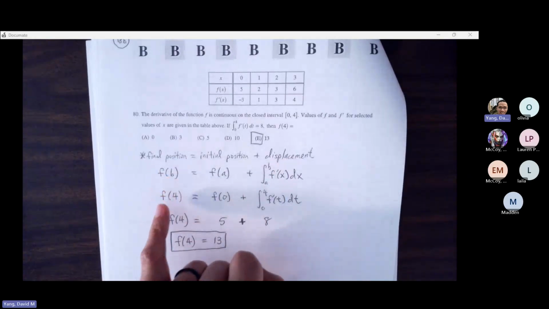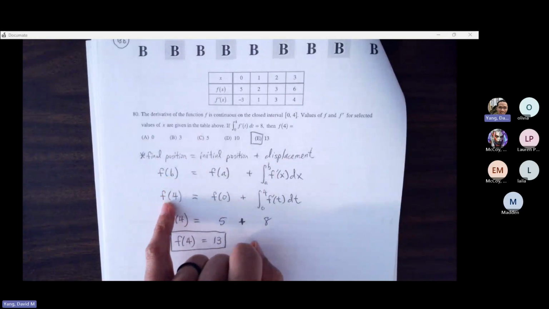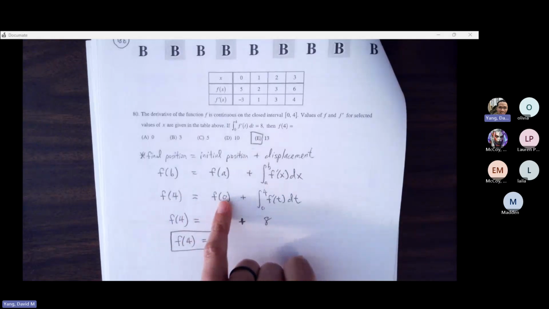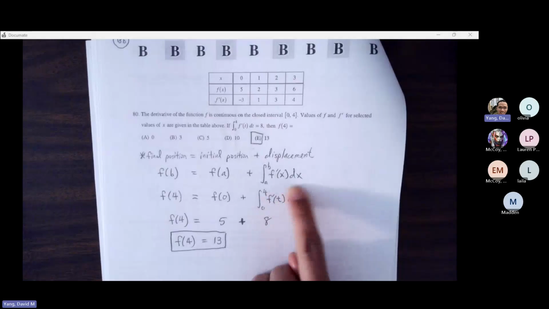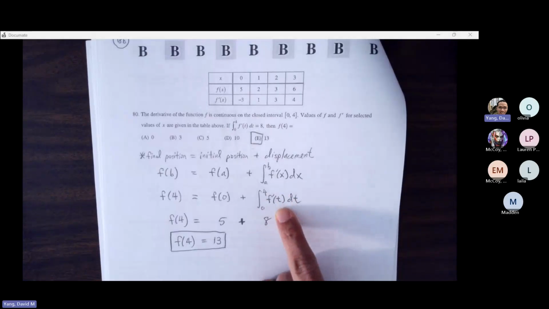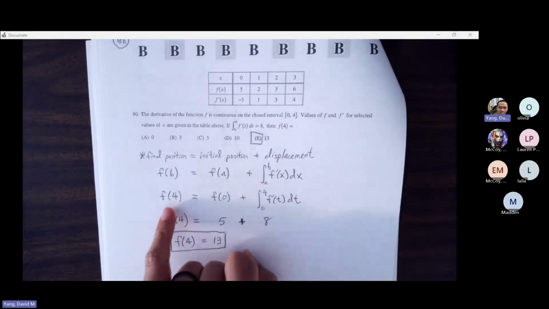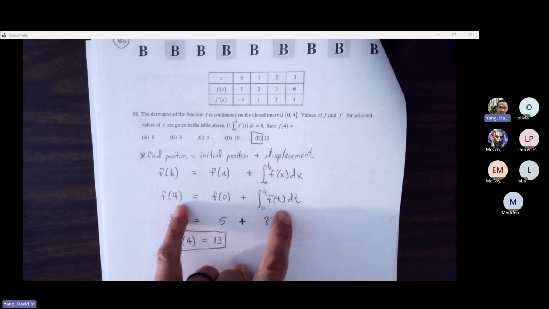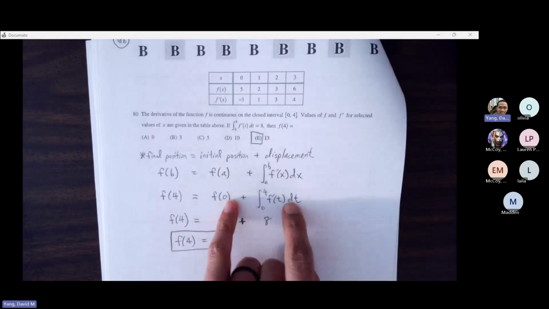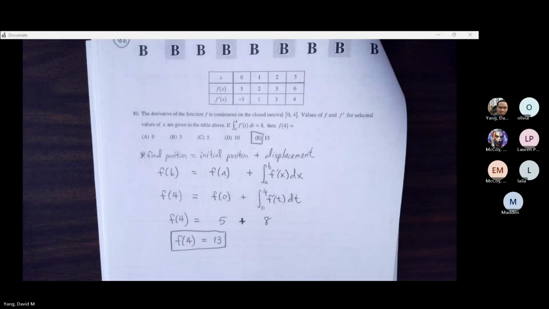I'm looking for f of 4. I have f of 0, which I can pull from the table. And the integral from 0 to 4 of f prime, they tell us, is 8. So end position equals initial plus displacement. If I can get into this form, then I can just plug these in and solve for f of 4.